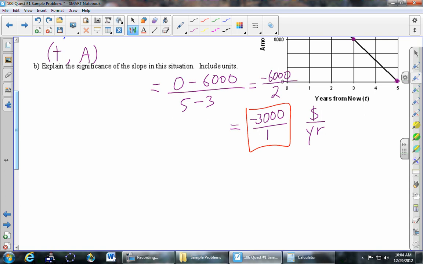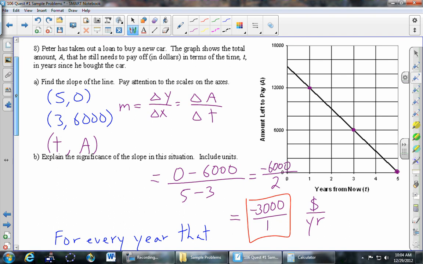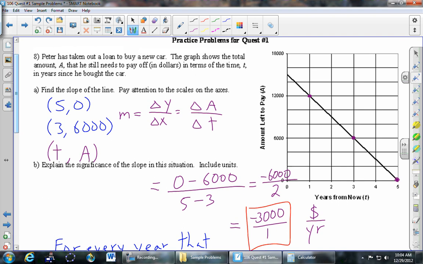Okay, I think we're just about there in terms of explaining the significance of that slope. For every year that passes, and then we'll get the sentence right by looking back at the beginning. It says the graph is the amount that Peter still needs to pay off.